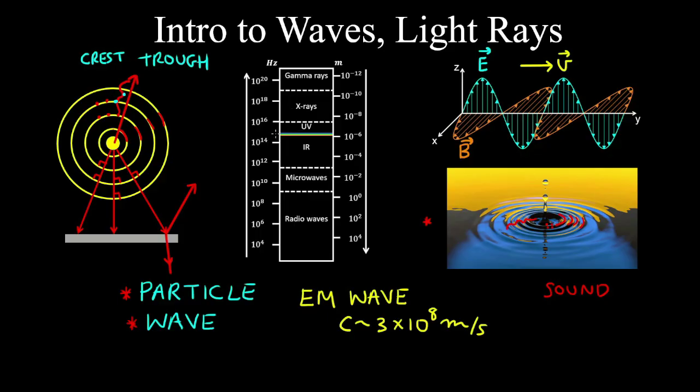Now visible light, or the light that we can see, makes up a small part of the electromagnetic spectrum. This comprises radio waves, which have the lowest frequency, up to gamma rays with the highest frequency. As we can see, frequency increases as we go up the spectrum.